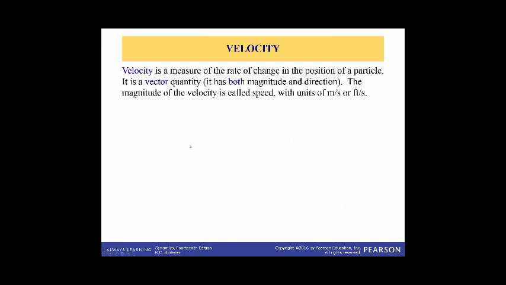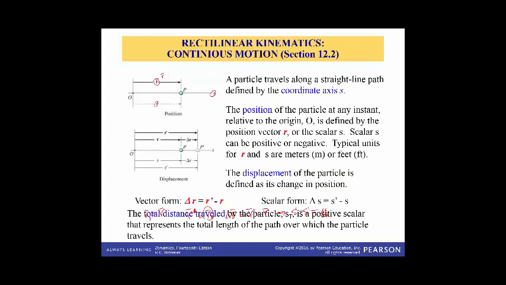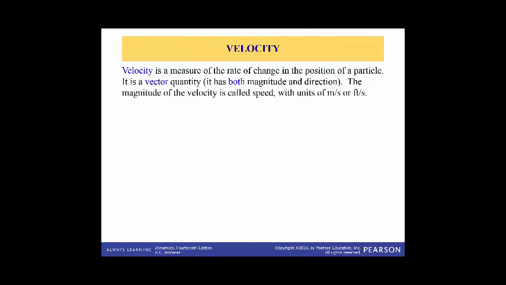So we looked at distance and displacement. Now let's talk about velocity, because then the velocity would be the measure of the rate at which that displacement of the particle occurred. Again, the velocity also is a vector quantity because it has magnitude and direction. And in the case of distance, we had meters or feet. And in the case of velocity, we have either the base unit of meters per second or feet per second.